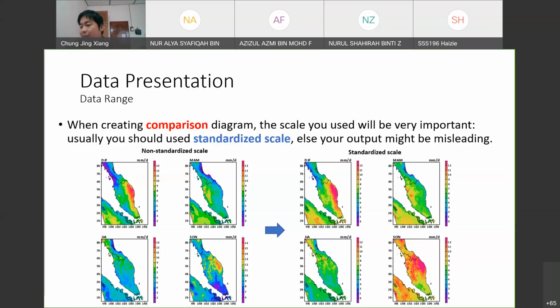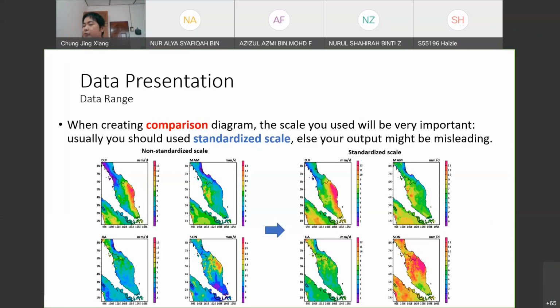Because obviously you see you have green color, red color. This one has green color, blue color, a little bit of red color, but still less than this one, and a lot of blue color, and this one is blue all the way. So you will tend to have this impression that December, January, February has the highest rainfall for Peninsular Malaysia.